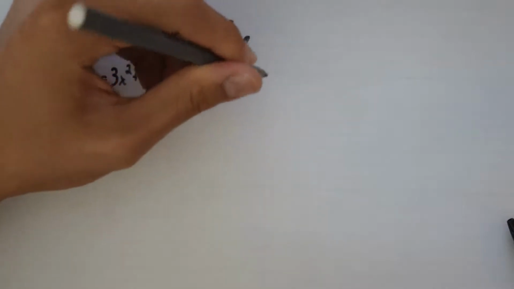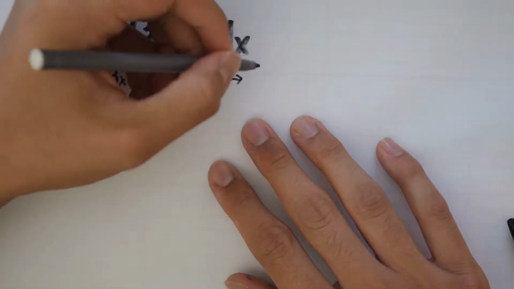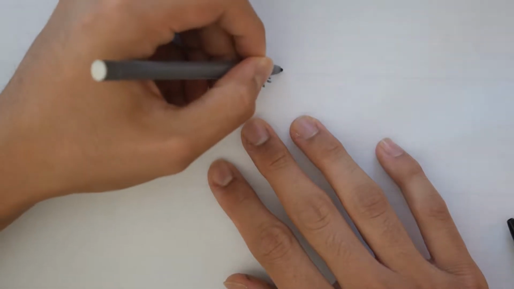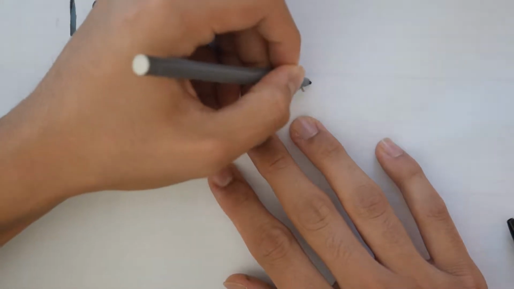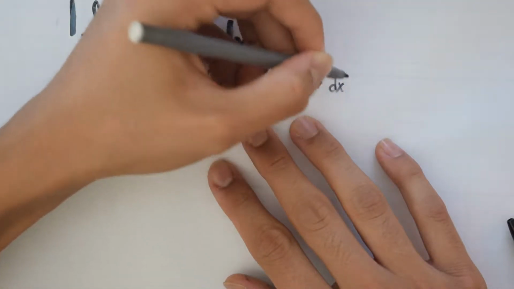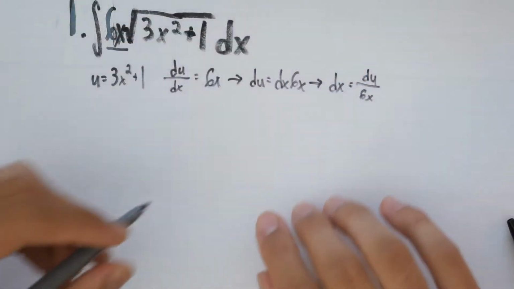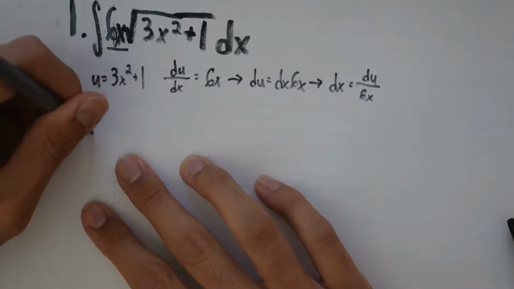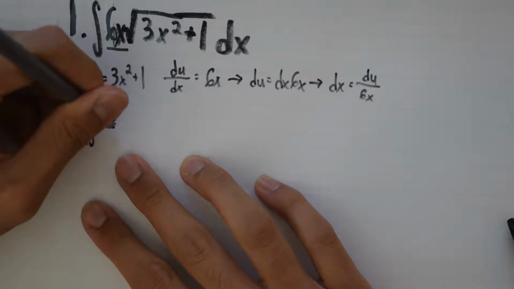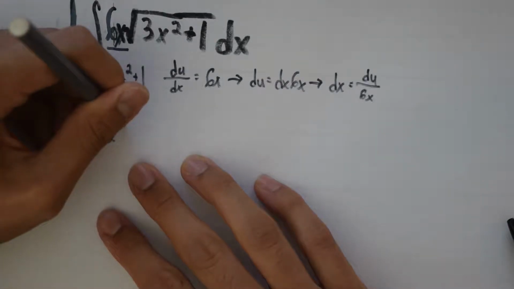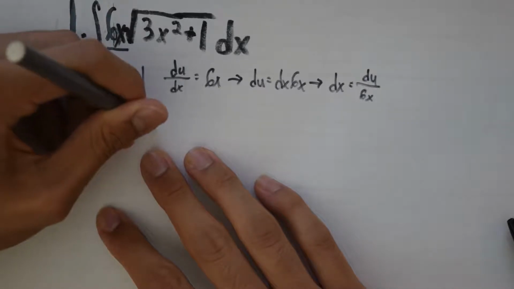So we manipulate this around to where it becomes du equals 6x dx, and then dx equals du over 6x. When we plug that in, it becomes 6x over 6x times root u du.